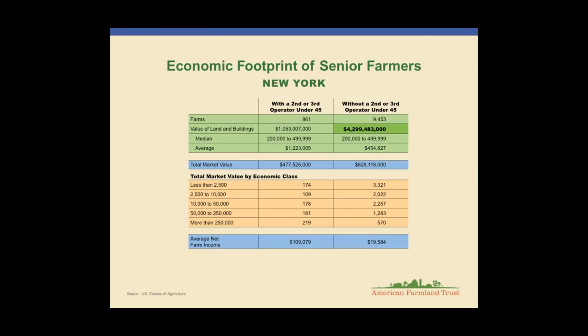Looking then also at the market value. So this market value means basically the value of product that these farms are producing. And so you can tell the market value by economic class. So you see that about a third of these senior farm operators without young operators with them are producing on very small farms.